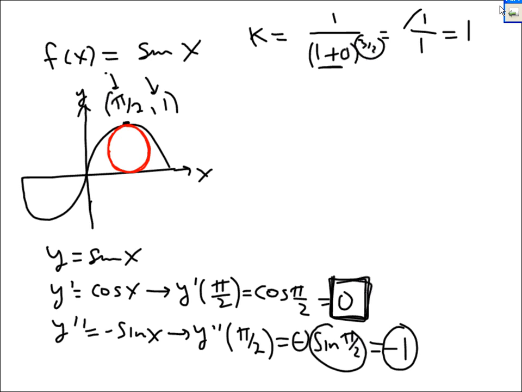So the radius of curvature is the reciprocal of this. The 1 on the bottom goes on the top. The 1 on the top goes on the bottom. We get 1. Our radius is 1. Okay?